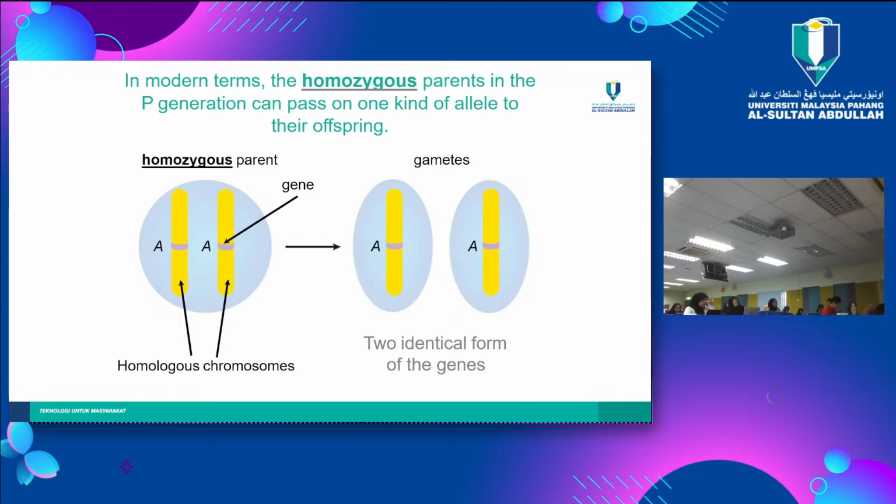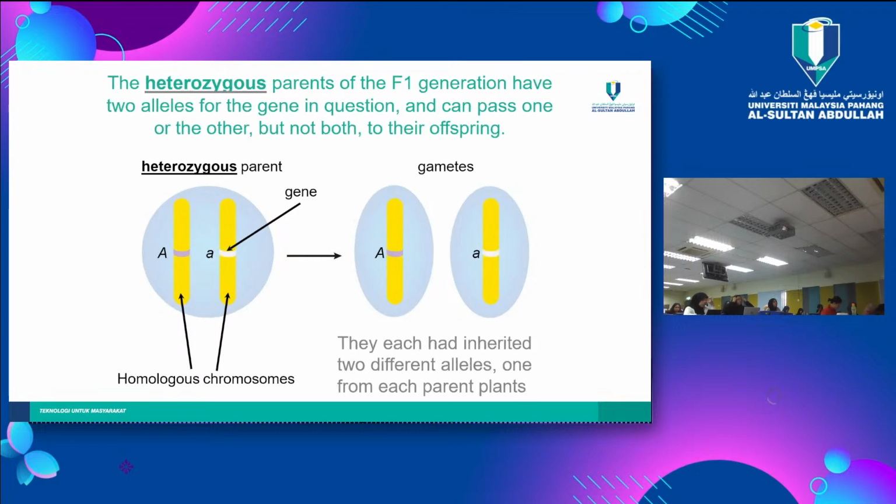So the gametes will have two identical forms of the genes. In heterozygous parents, there are different alleles on the homologous chromosomes, because we have pairs of these chromosomes in an individual, and during the gametes, we're going to have homologous chromosomes with those alleles.